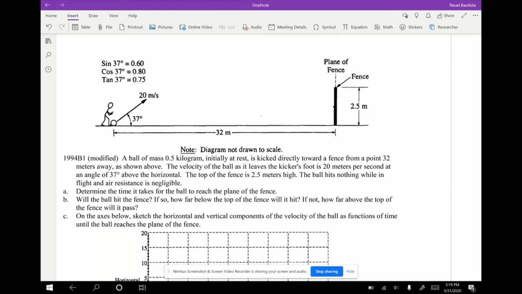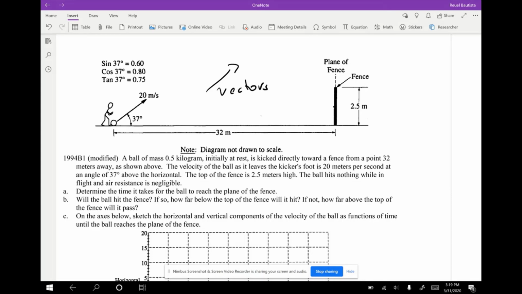Luckily for us, we already know what to do. Vertical is going to be sine, horizontal will be cosine. So it's going to be 20 sine of 37 and then 20 cosine of 37. Make sure your calculator is in degrees.